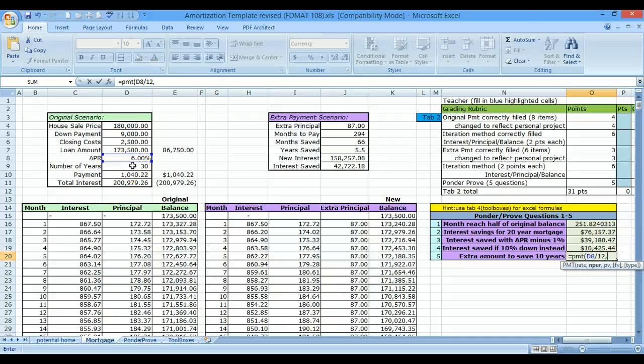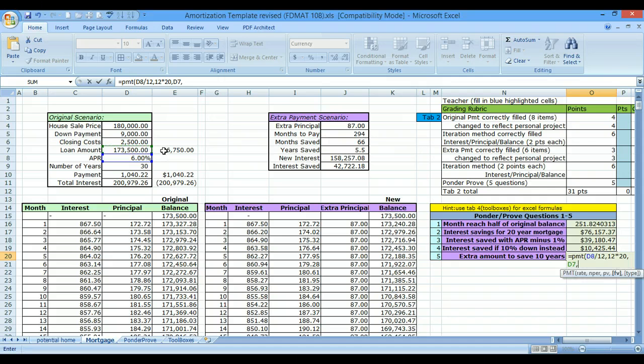It's up to you. In this case, I'm going to just type in 12 times 20 years because that saves me 10 years, comma. The present value, we're not going off of the interest saved on number 4. We're just going back to the original scenario. So my loan is again $173,000.